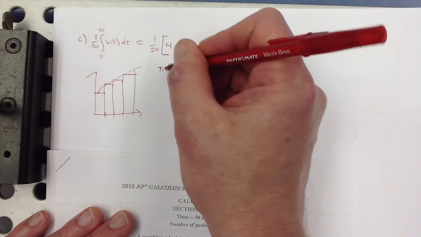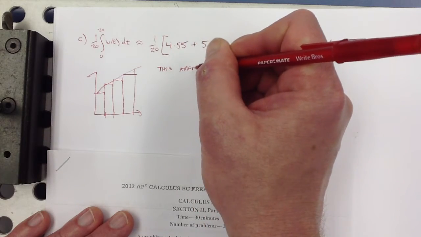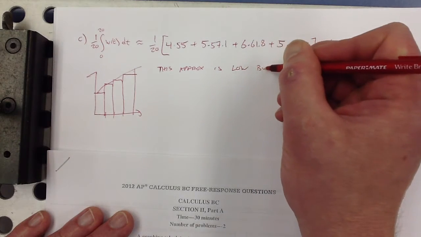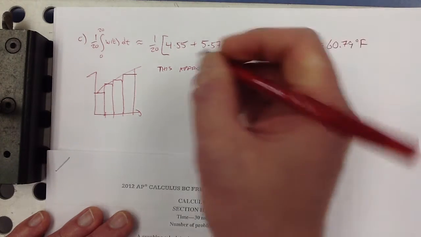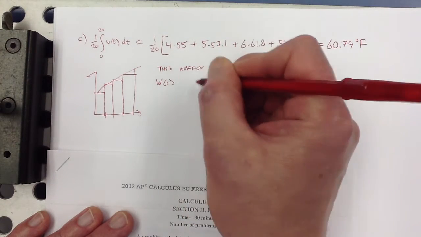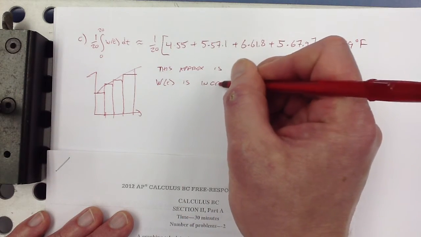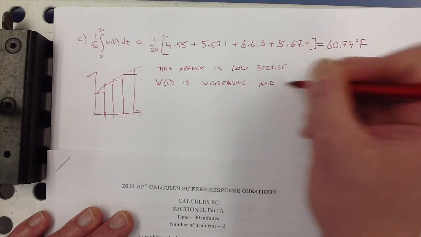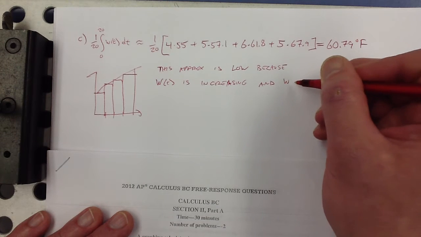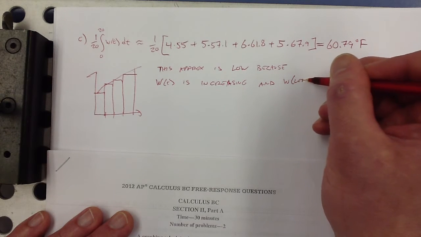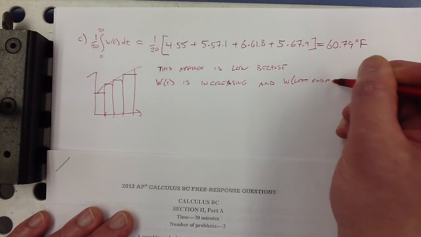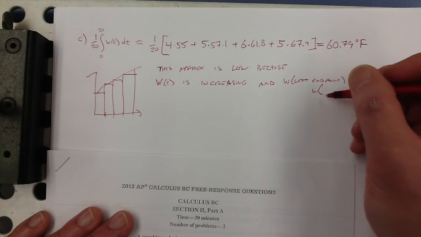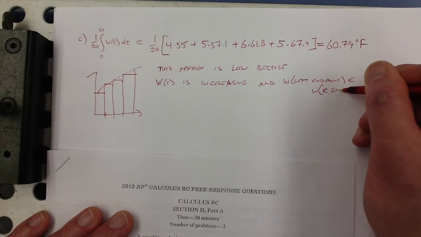So this approximation is low because the function is increasing, and that means W, the water temperature at the left endpoint, is always less than the water temperature at the right endpoint.